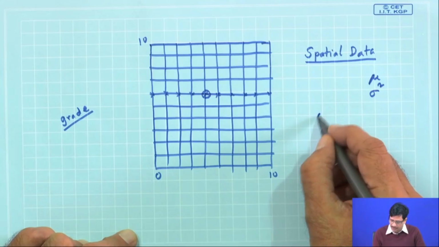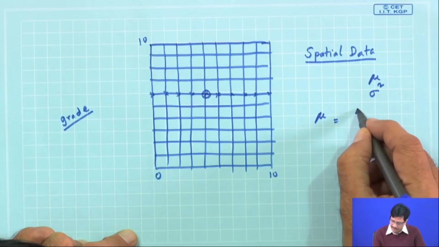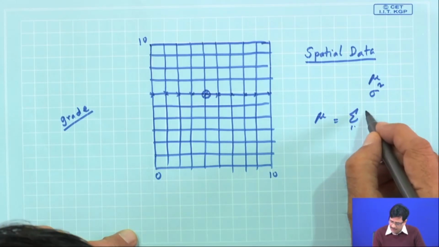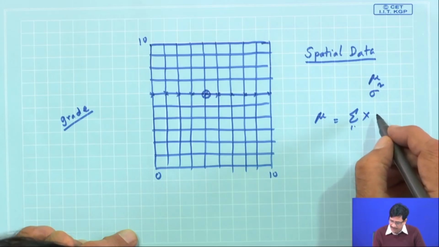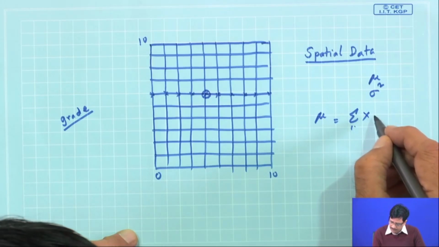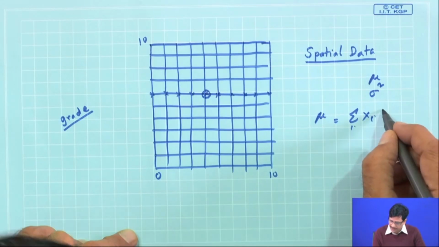For example, the mean will be the sum of xi divided by n.